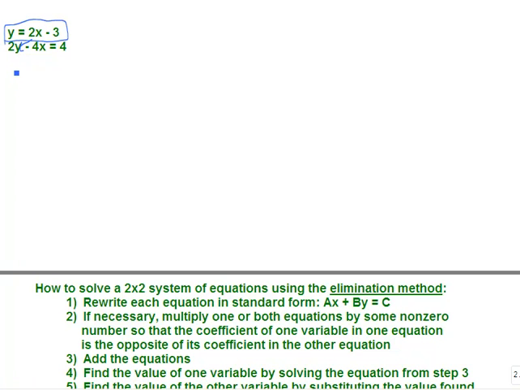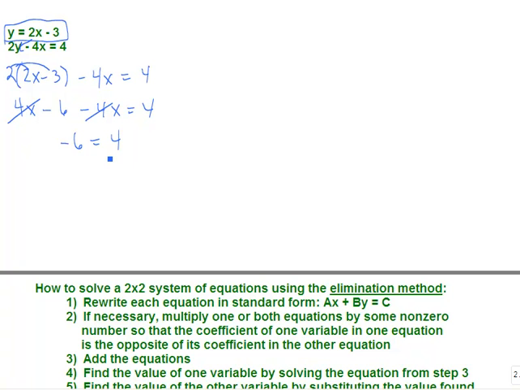So rewriting the second equation, this becomes 2 times (2x minus 3) minus 4x equals 4. And if we distribute our 2 across, we'll get 4x minus 6 minus 4x equals 4. And when we go to combine like terms, our 4x's cancel out, and we get negative 6 equals 4.